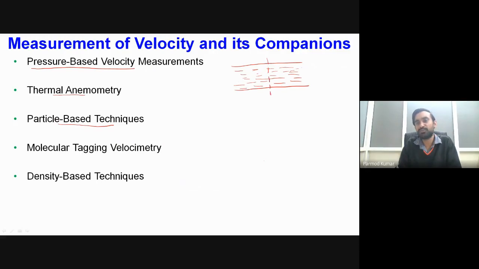One approach may be, if I take this cross section, say AA, and if my pipe is of circular cross section, that over this entire cross section of the pipe, I do a spatial average or spatial integration in order to find a single value of the velocity field over this entire cross section.